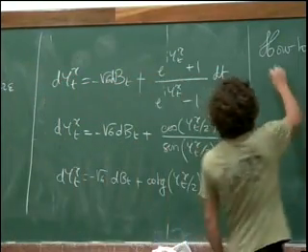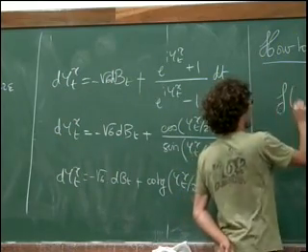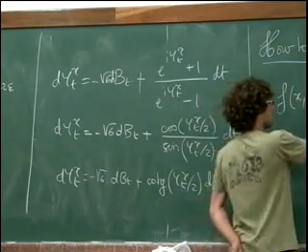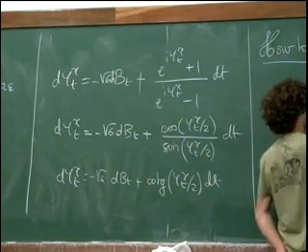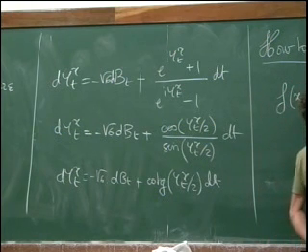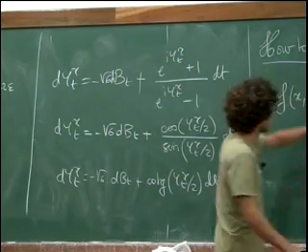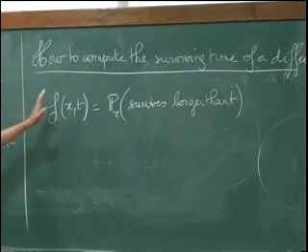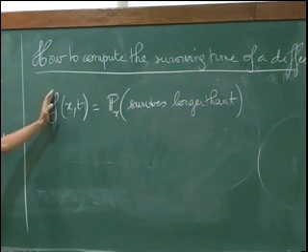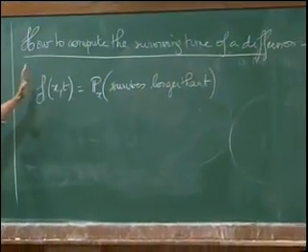So what you do is, let's call f(x,t) the probability that it survives longer than t, starting at x. This quantity I'm going to be able to compute because it's a solution of a very nice equation.